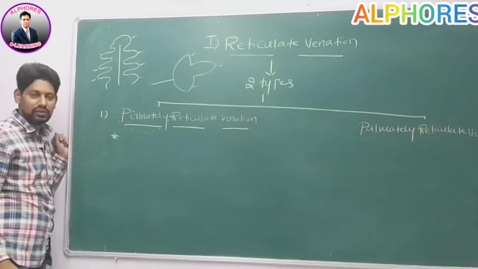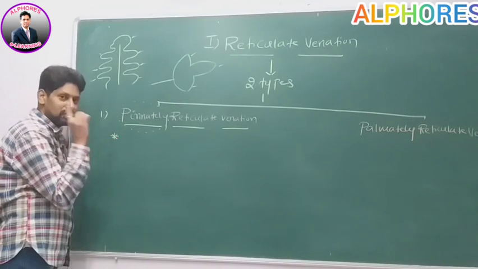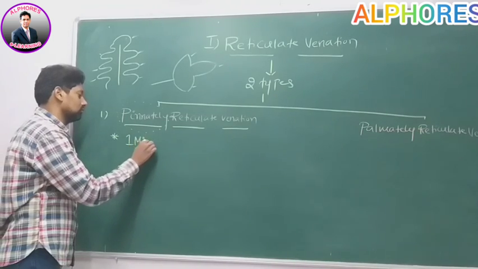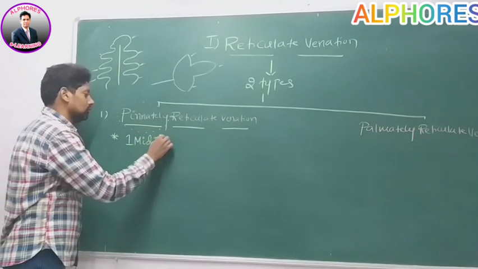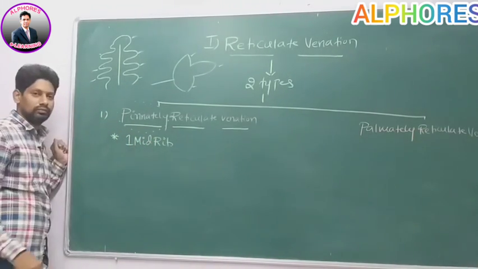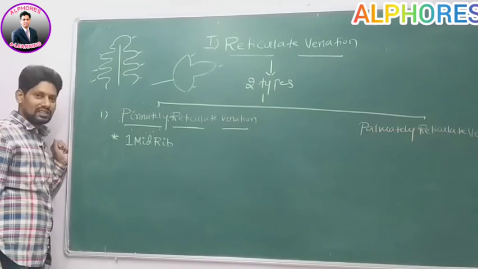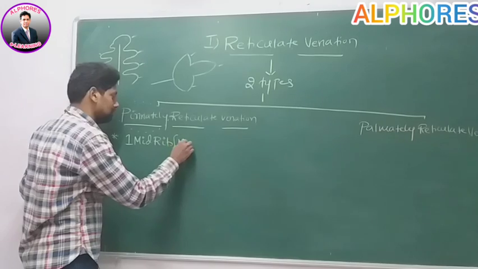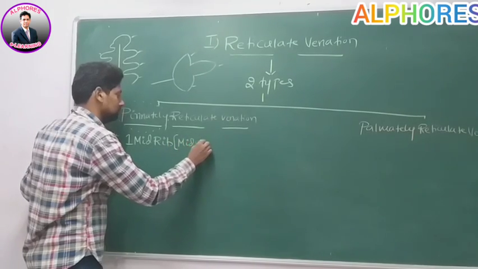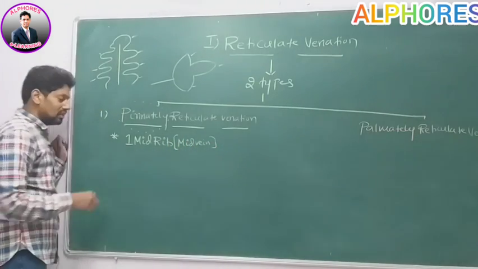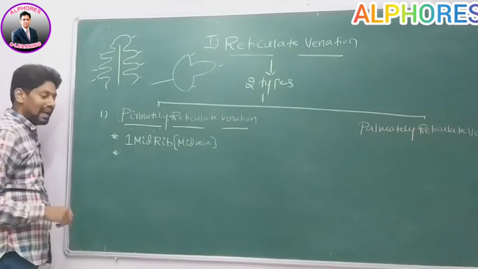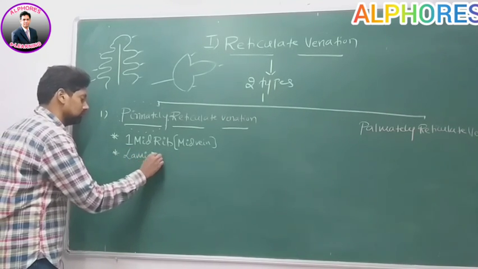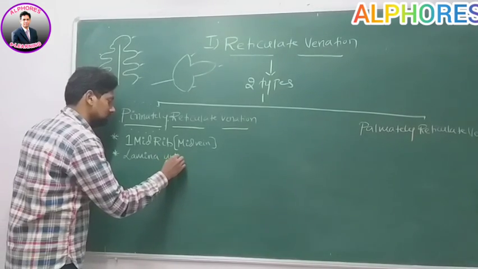Pinnately, what do you have to write? One midrib. Midrib is also called midvein. Yes or no? Lamina is lobed or unlobed? Lamina is unlobed.